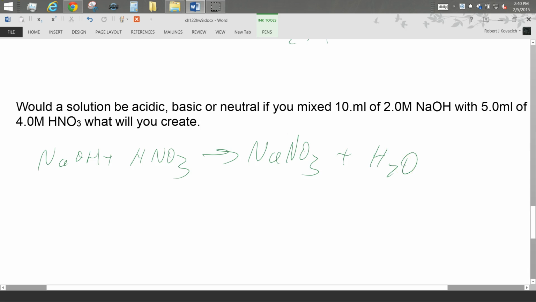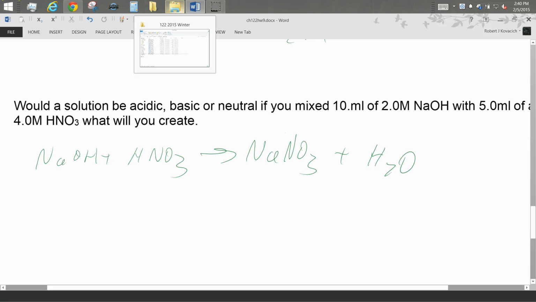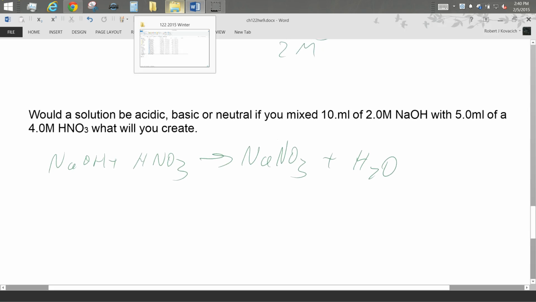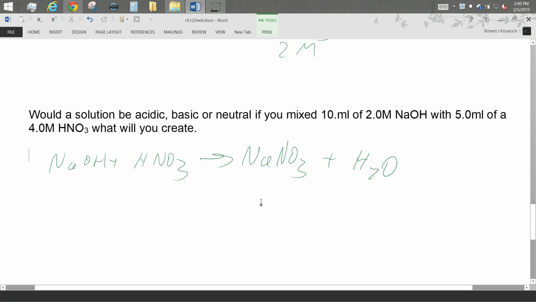But what happens when I mix these together? The sodium and the nitrate both take up equal amounts. There's 1.33 molar each. So you could have done some math to calculate moles, but something easier to do is, when these react, it takes one of each of them, right? One NaOH and one nitric acid.